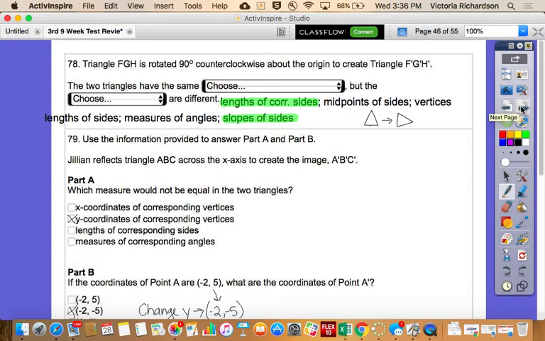Number 78, if triangle FGH is rotated 90 degrees counterclockwise about the origin, so that's actually the other way, to create F prime, G prime, H prime, the two triangles have the same lengths of corresponding sides, but the slopes of their sides are different.